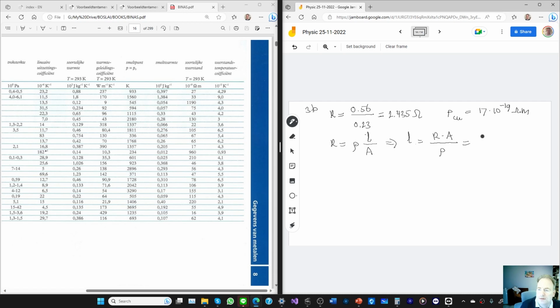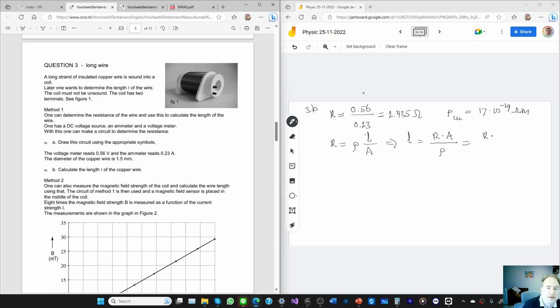And that's the resistance times, well, what is the area? The area of a circle is pi r squared. But now we know the diameter, so that's 1/4 pi diameter squared. Just substitute that r is half the diameter.